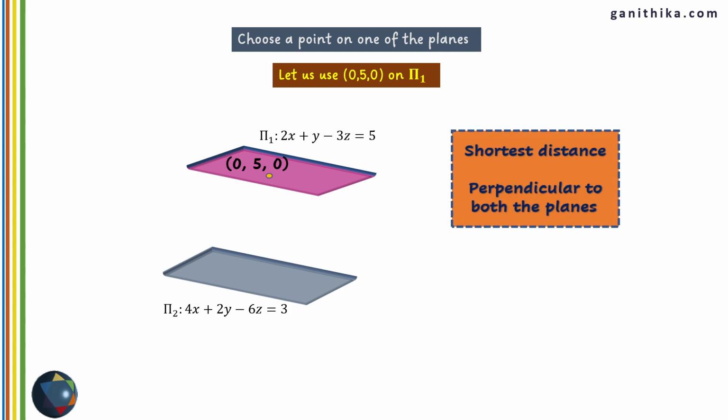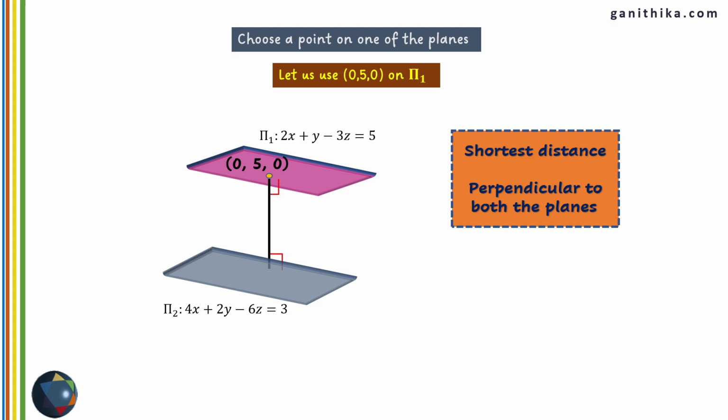And then what is the shortest distance? Shortest distance from a point to any other surface is the perpendicular length between them, right? So if I can draw a perpendicular line between the two planes, and if I can put that perpendicular line on the point that I have chosen, 0, 5, 0 on the first plane, you can see that it intersects the second plane straight down at 90 degrees with both the planes.